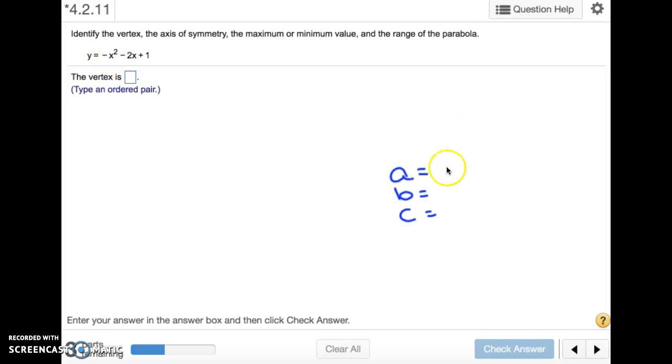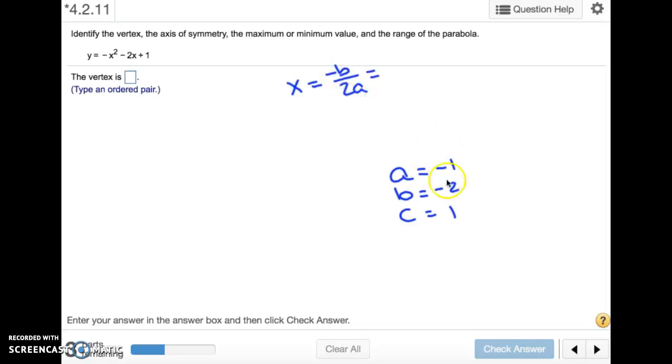My A is going to equal -1. My B is going to equal -2 from up here. And my C is going to equal 1. So now that I have those identified, I can start by working on my axis of symmetry. Remember that the axis of symmetry has the equation x equals -b over 2a.